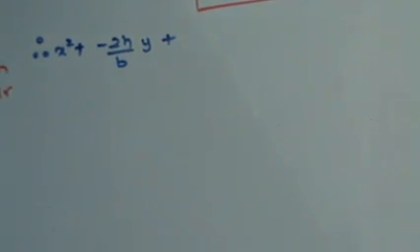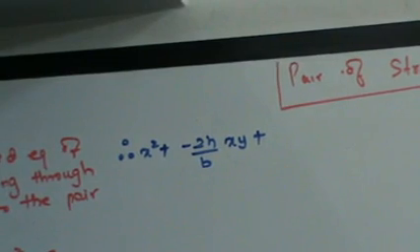If I substitute these values, I'll get x square, m1 plus m2 is nothing but minus 2h upon b. So this will be minus 2h upon b times xy. It's not y, guys. Can you just see this? This is xy. I've taken xy common. So this is going to be m1 plus m2 xy plus m1 m2.